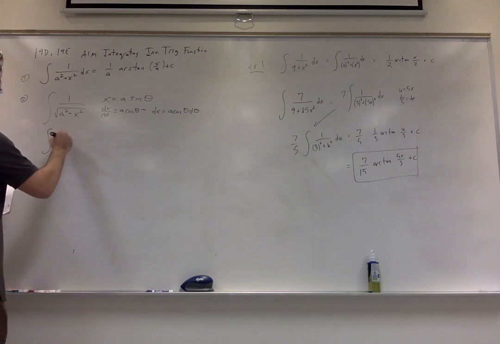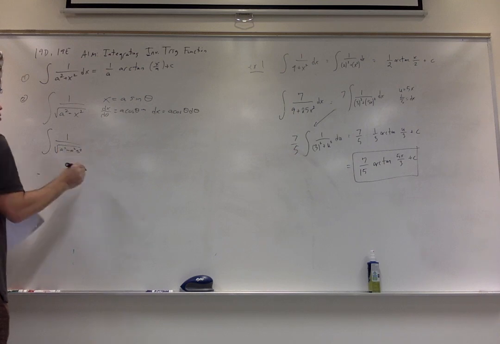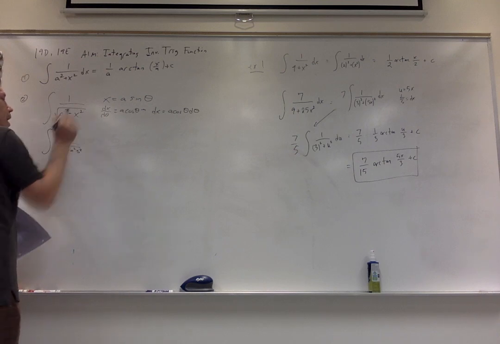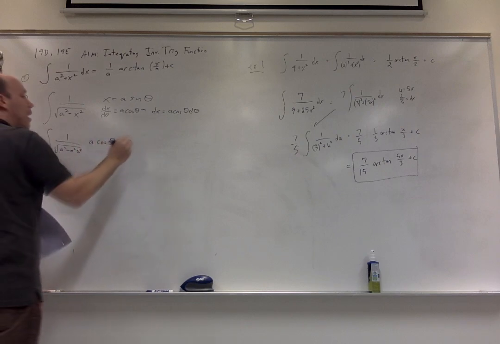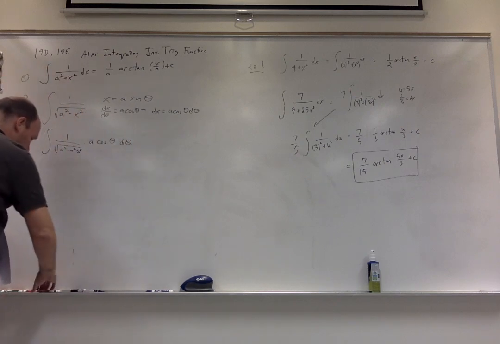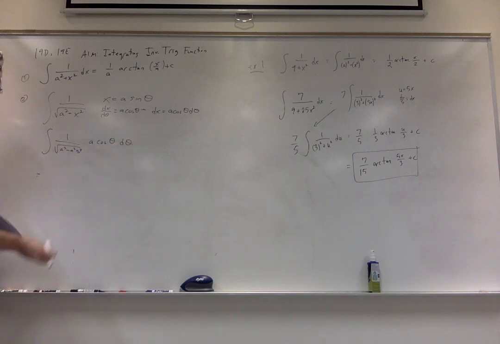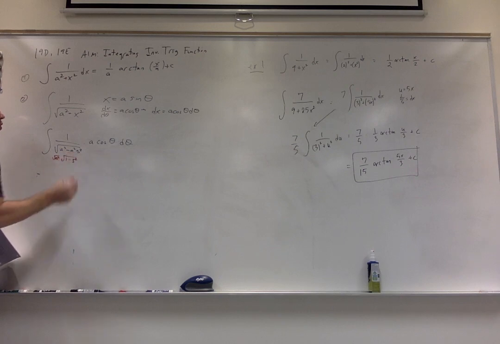So we have the integral of 1 over the square root of a squared minus a squared sine squared times a cosine theta d theta. Okay, well, let's see what's going on down here. I have radical a squared, radical 1 minus sine squared.